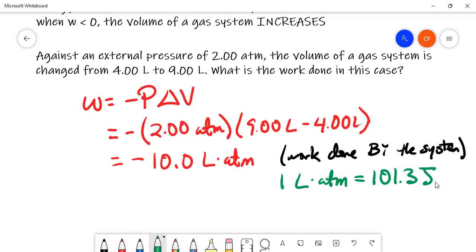To 3 significant figures, 10 times 101.3 is going to be 1,010 joules. Everybody see how I did that conversion? It's a conversion that's going to come up a couple of times. Having this conversion factor in hand is going to help you out a great deal. Okay?